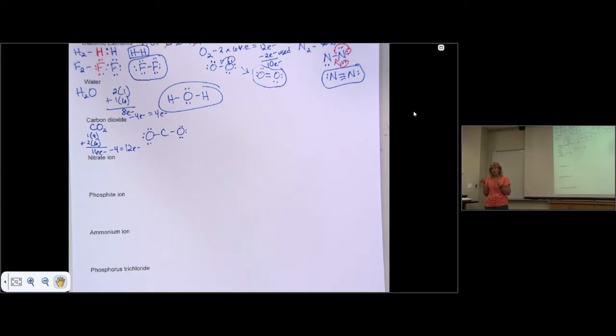Who is going to hold on to the shared electrons more tightly? Someone who has 6 valence electrons or someone who only has 4? 6. Now, some of you are thinking, well, why wouldn't the 4 one do it? Because they need more. But think of atoms as being greedy and selfish.